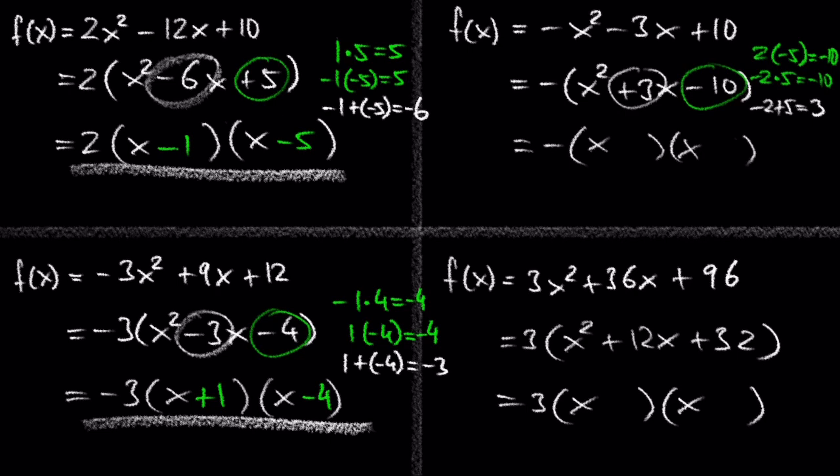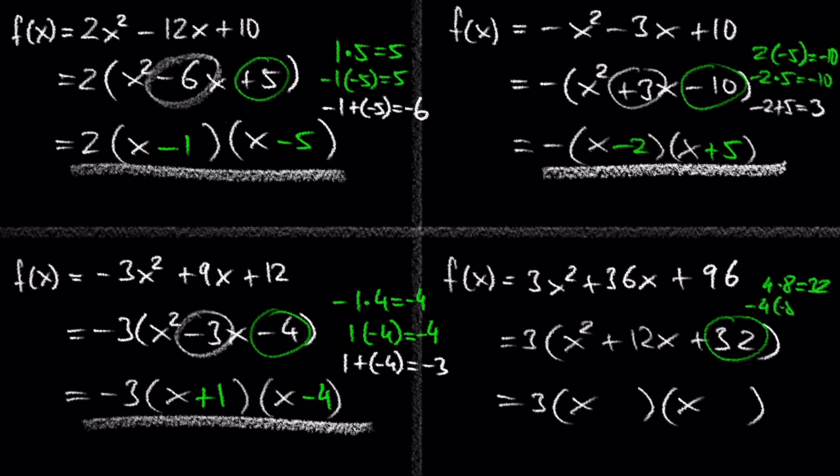So the numbers we are looking for are negative 2 and 5. In the last example, we can write the 32 as 4 times 8, or as negative 4 times negative 8. But only 4 added to 8 equals 12. So the numbers are 4 and 8.